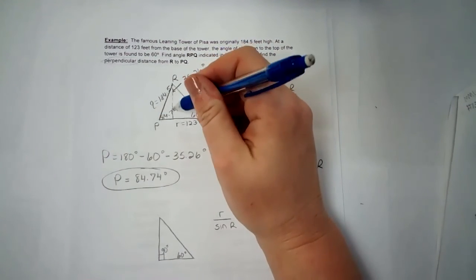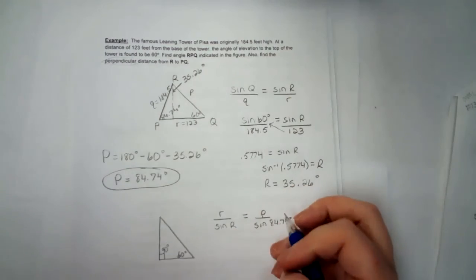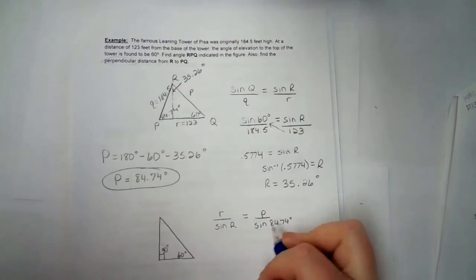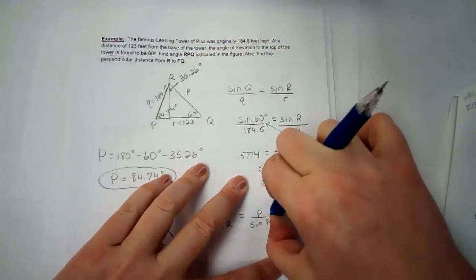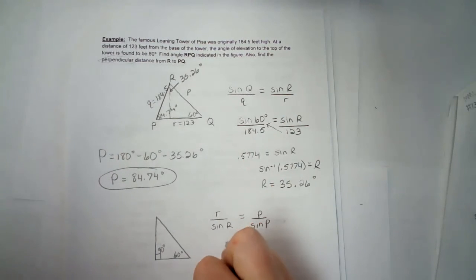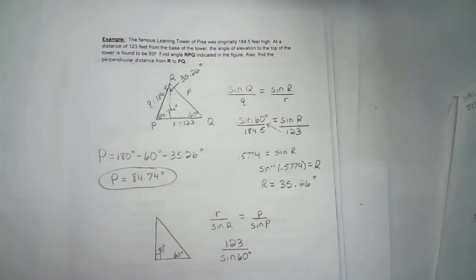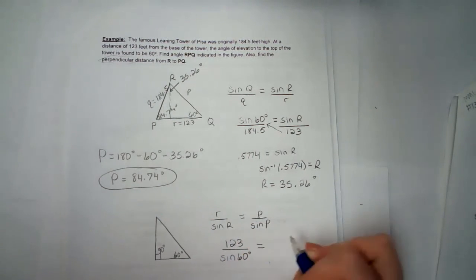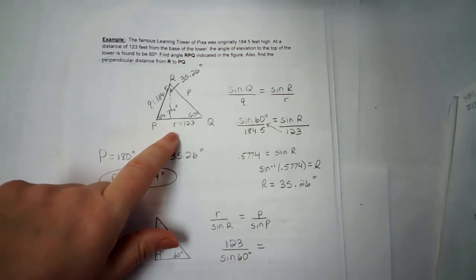It's up to you. This is the side we're trying to find. Oh, I should have put sine P here. I kind of messed that up. Okay, here we go. So little r is 123, big R is the sine of 60 degrees.